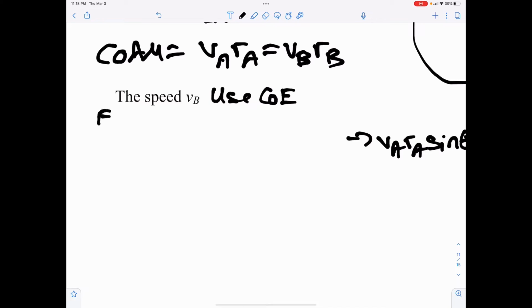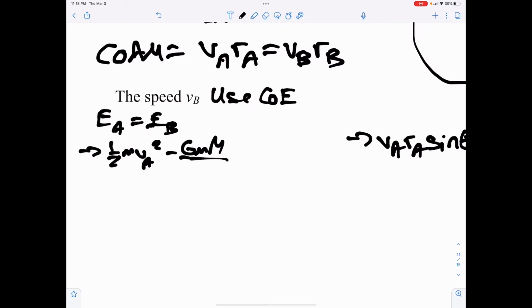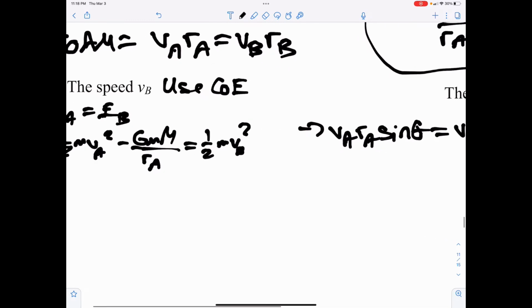This time we'll compare the energy at A to the energy at B, which would be 1/2 mVA squared minus big G, little m, big M, all divided by RA. That's going to equal 1/2 mVB squared minus big G, little m, big M over RB.